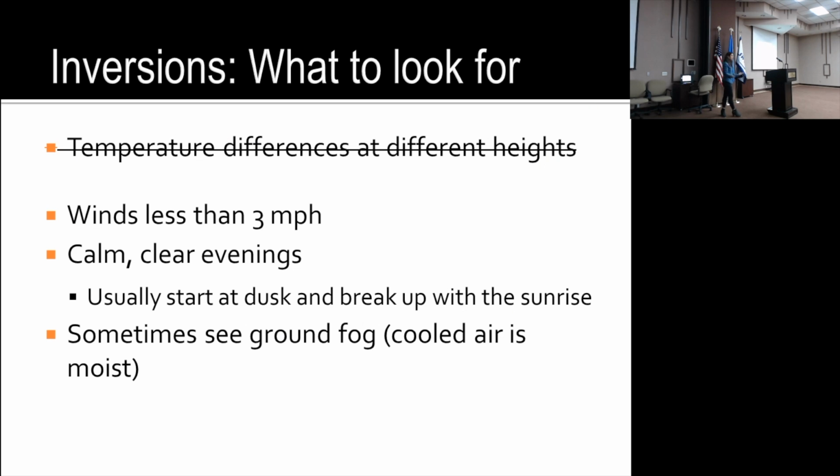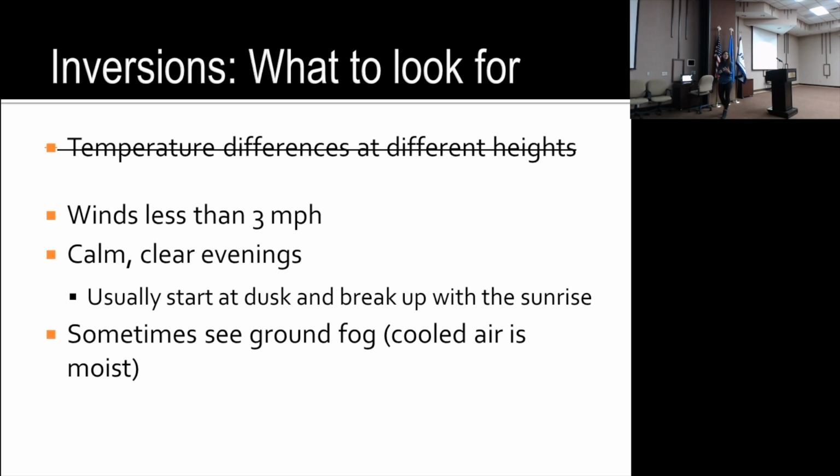So how do we know when there's a temperature inversion? On the science side, you could be measuring different elevations of the air. I don't have time to do that, and I know you guys don't because you're spraying a lot more land than I am. So there are some things we can look for. I discussed that we sometimes see them on calm, cool nights.